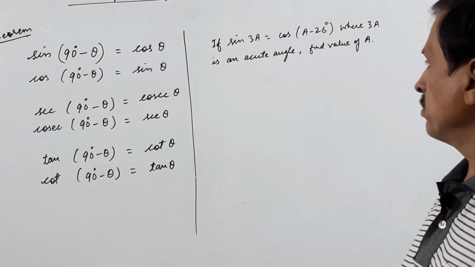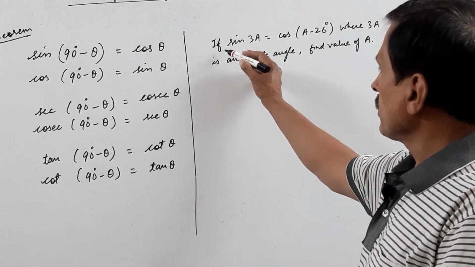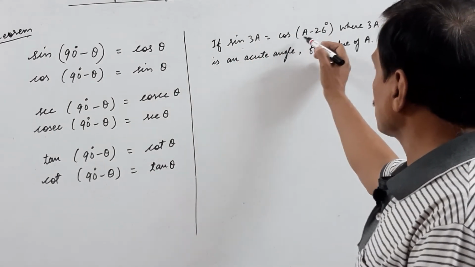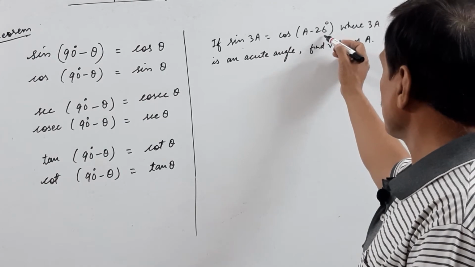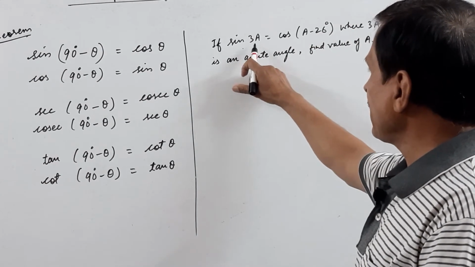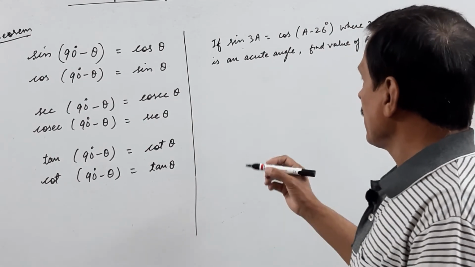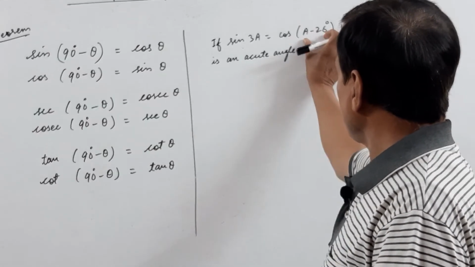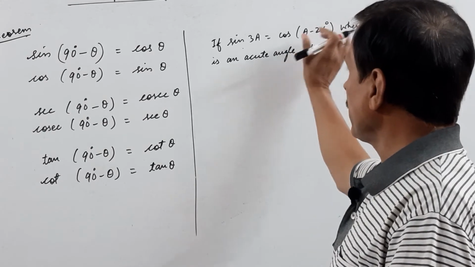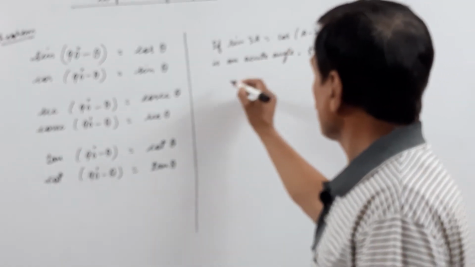In the next problem, if sin 3a is equal to cos(a minus 26 degrees), where 3a is an acute angle, find the value of a. Now we transform this cos theta, where theta is a minus 26, into sin theta.